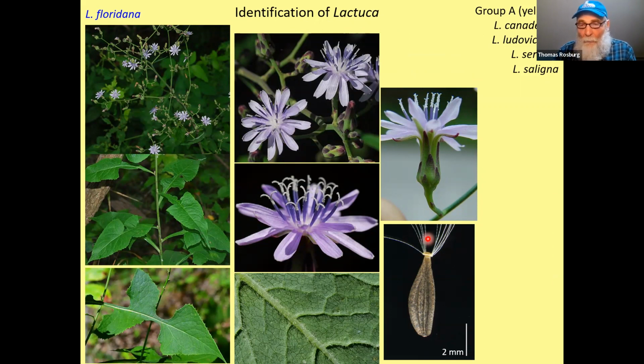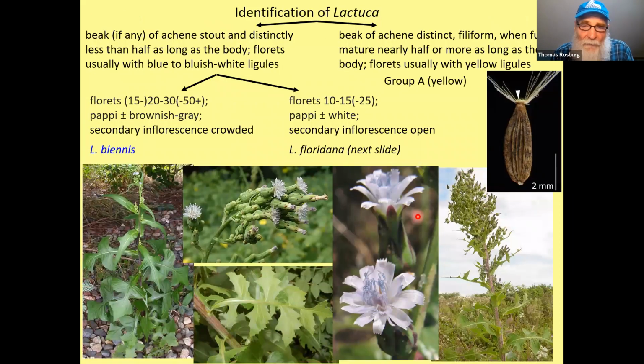But here again, you can see the pappus. The pappus here is nice and white. And again, the cypsela here, not much of a beak at all. One thing that is true, and it doesn't help separate them, but it does help separate them from the yellow ones, to some extent maybe. Or maybe it's just for Lactuca versus Ogygium.